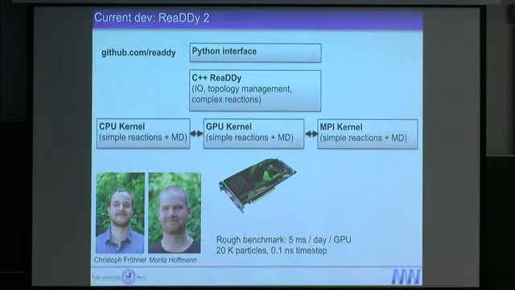Rough benchmarks, so that you have an idea. If we choose a 0.1 nanosecond time step, which is a reasonable choice for small membrane proteins, and a shorter time step if you have proteins in the cytosol which diffuse faster, then you get something on the order of a couple of milliseconds per day per GPU.